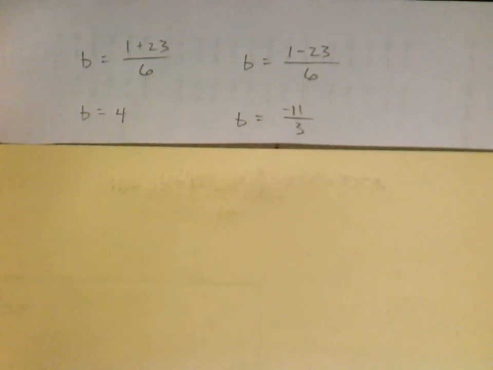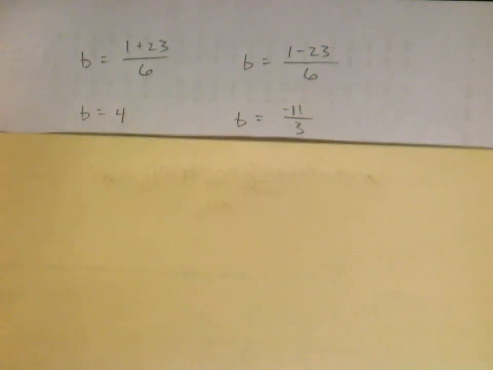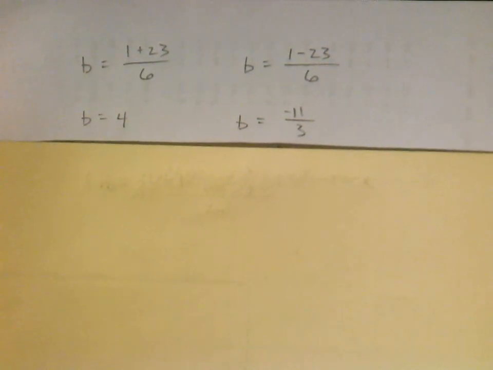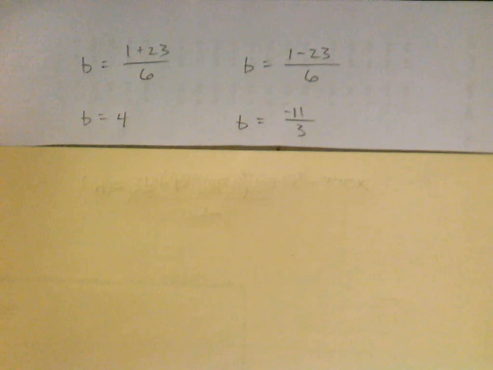And so we end up with our 2 answers for b. b equals 4. And, well, this happened to be a fraction. b equals negative 11 over 3. Okay. Now, what happens in these word problems when we solve a quadratic equation?